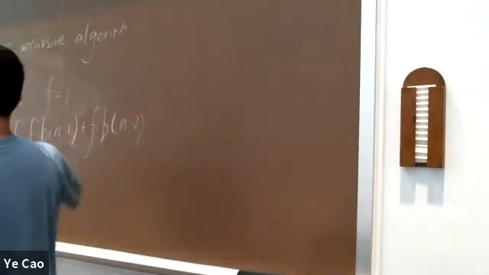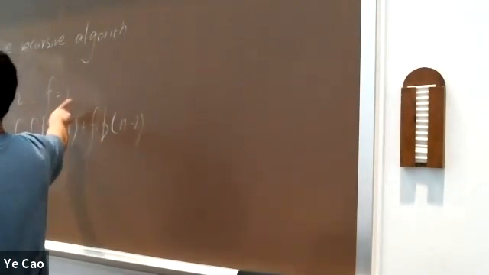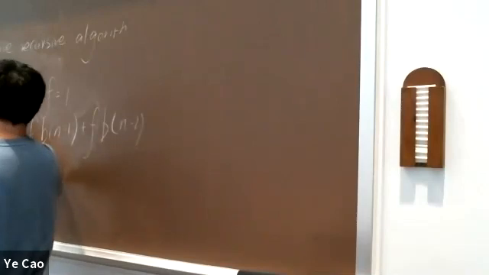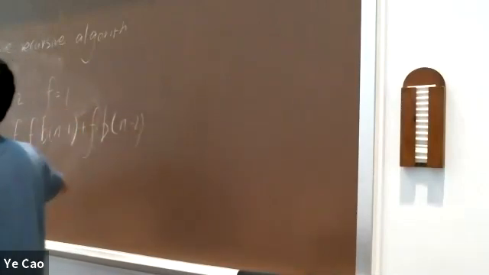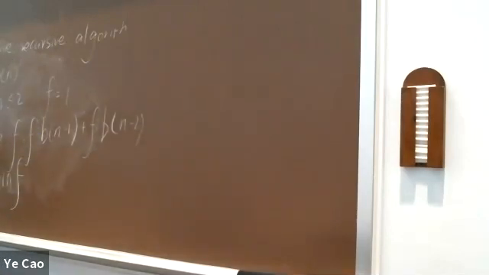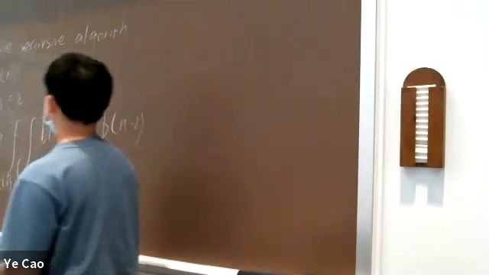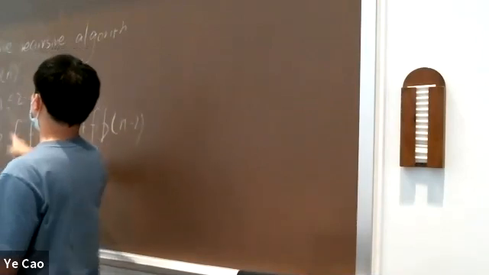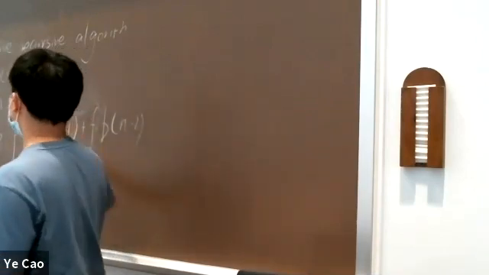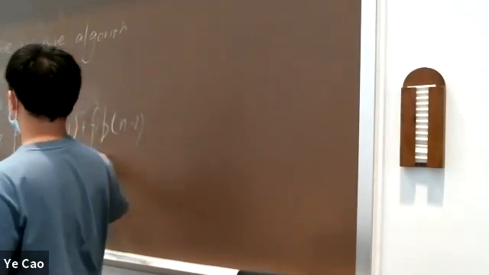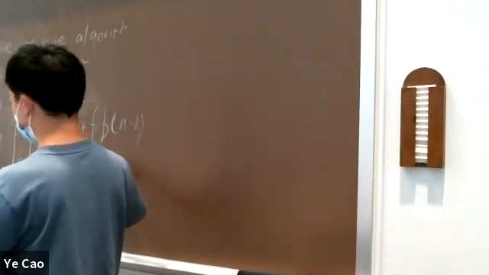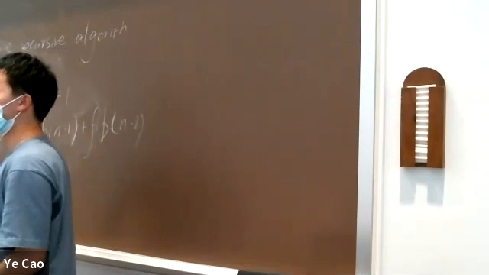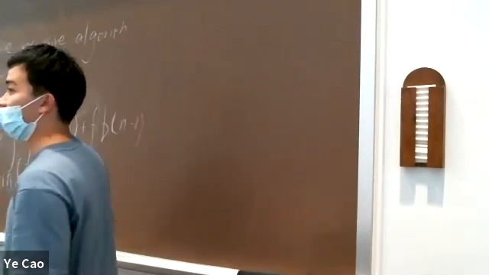You have two cases, one of which is the base case: n is smaller than or equal to 2, then the output would just be 1, which corresponds to this part of the equation. And the other case is that if n is greater than 2, then basically f is equal to the previous two terms added together. And then you return f at the end. Is there any question with regard to this recursive algorithm?